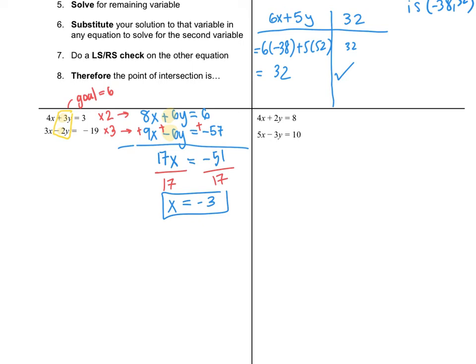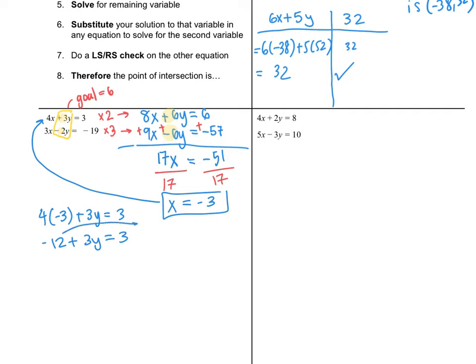And here, this is just substitution again. So I'm going to go into my first equation because the numbers look smaller. So 4x, and x was negative 3, plus 3y equals 3. Clean up. 4 times negative 3 is negative 12.